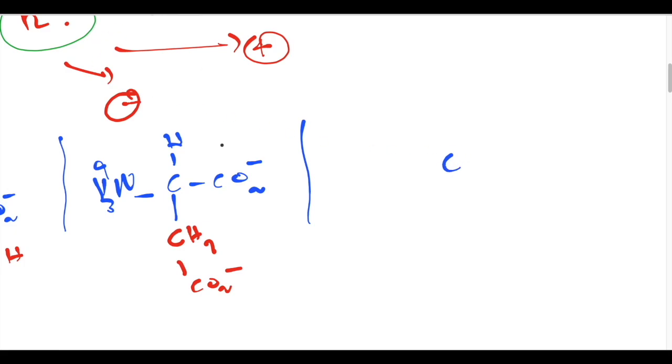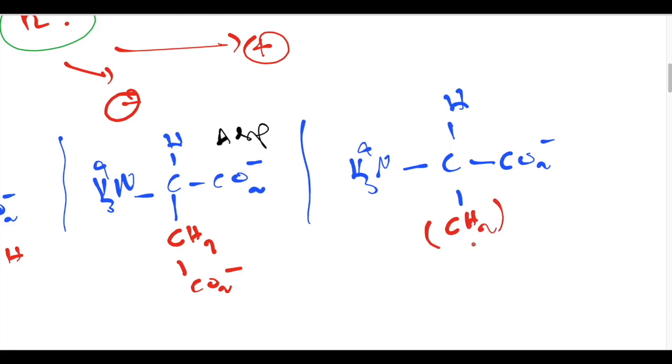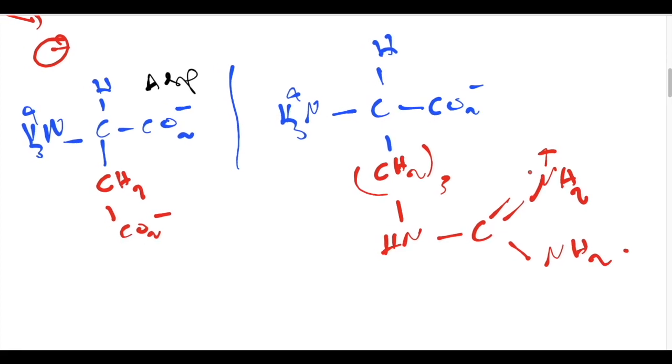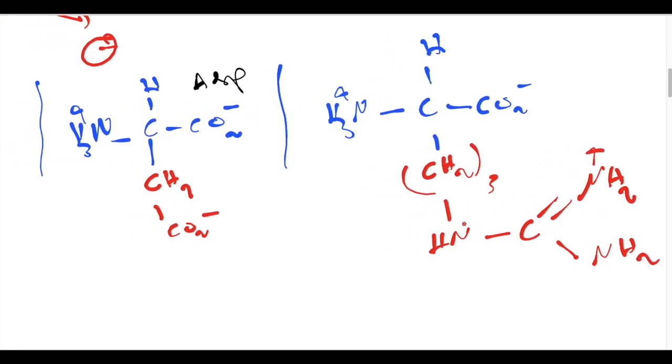So here we have the aspartic acid, and the last one is the arginine with this chemical structure. Here we have carbon, so we can see here that we have a positively charged chain.